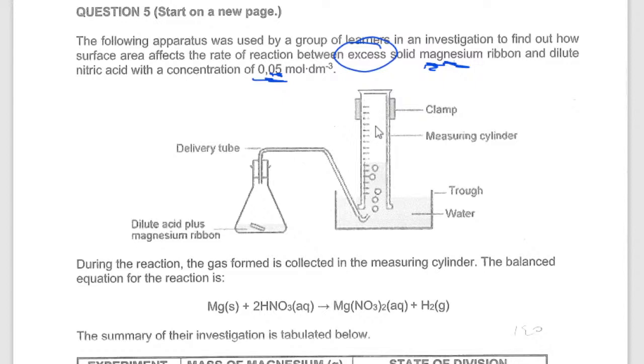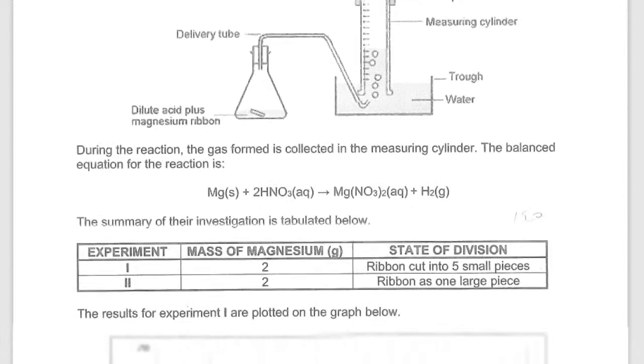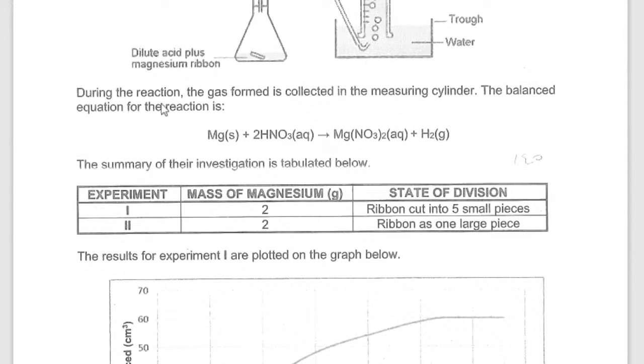We collect the gas by downward displacement of water, or upward delivery; one of the two methods, if they ask you the method. During the reaction, the gas formed is collected in the measuring cylinder. Here is the balanced equation for the reaction. So you need to know that excess. All right, let's start.